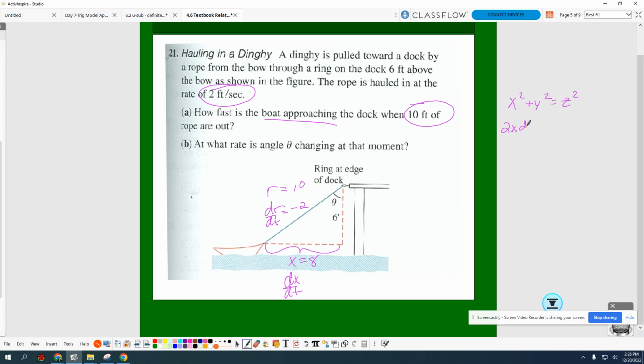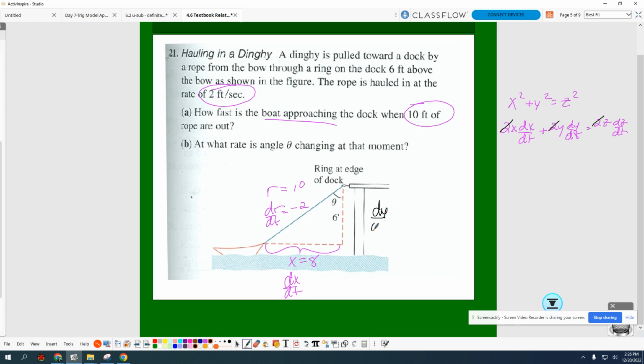We've done a few of these now. 2x dx/dt plus 2y dy/dt equals 2z dz/dt. You don't need to, but I like making things smaller, so I'm going to divide everybody by 2.